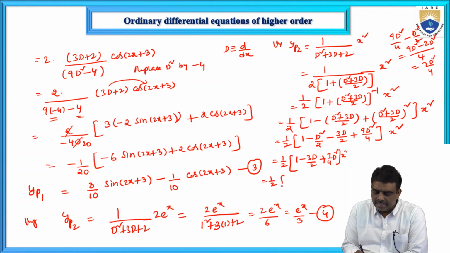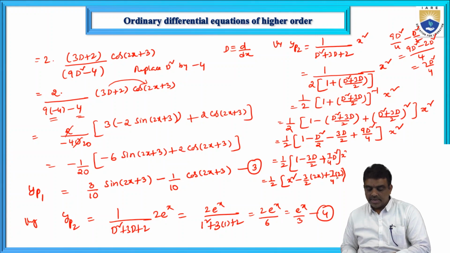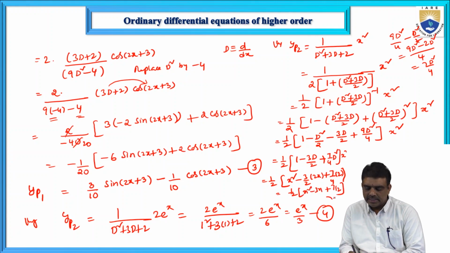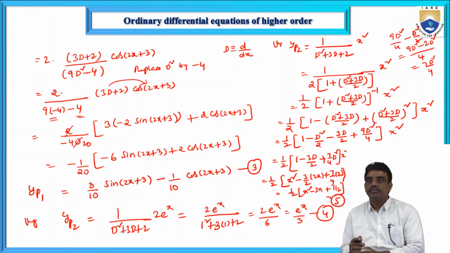So on operating with each term on x square, you get x square, minus 3 by 2 of 2x, plus 7 by 4 of 2. So what you will get is 1 by 2 of x square minus 3x plus 7 by 2. This is equation number 5.